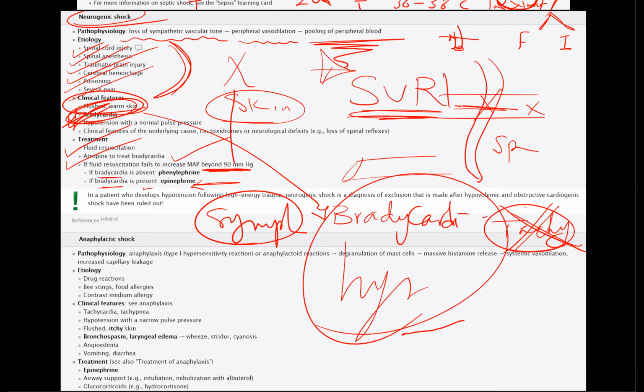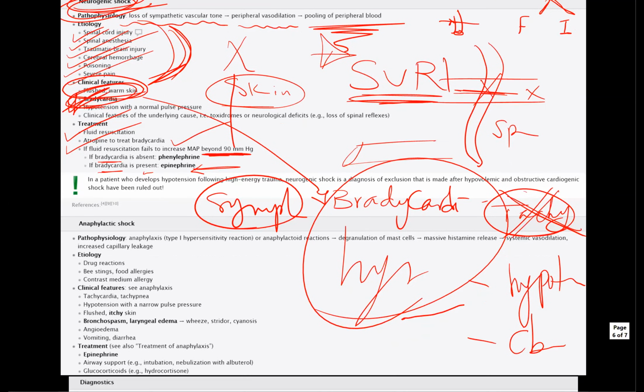In a trauma patient, you have to think of hypovolemic shock, then obstructive shock such as tension pneumothorax. Then later on, think of neurogenic shock if the patient is bradycardic and not responsive to vasopressors.